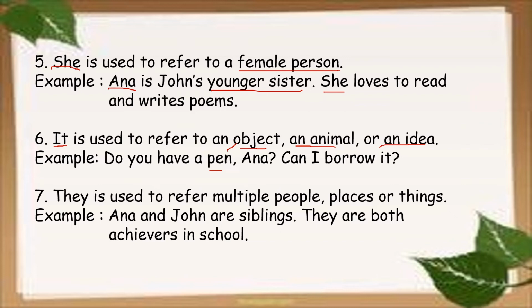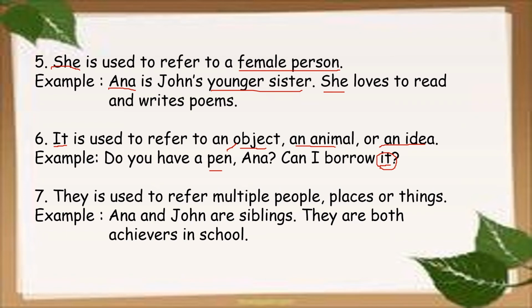And what does the person want to borrow? It is the pen, so in replacement, it should be what? Let's try to use the pronoun it. Instead of saying, "Do you have a pen, Anna? Can I borrow a pen?" so, for you not to keep on repeating the word pen, we are going to what? Replace it with the pronoun it. So here we go. It is this one.